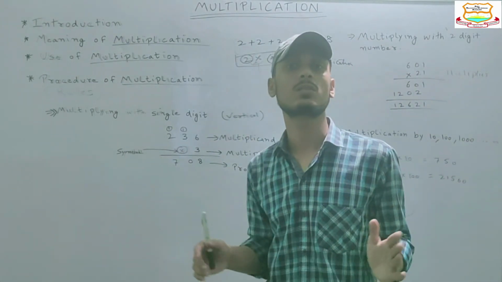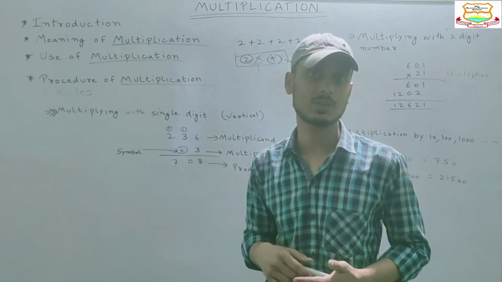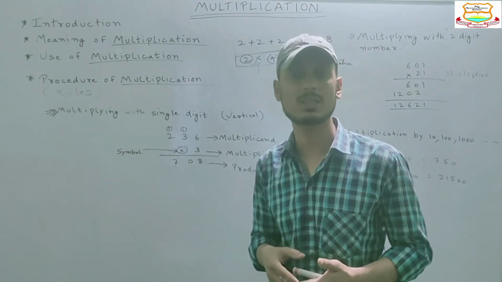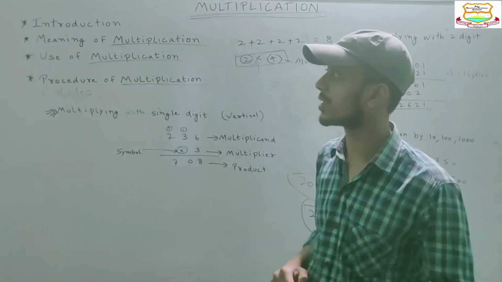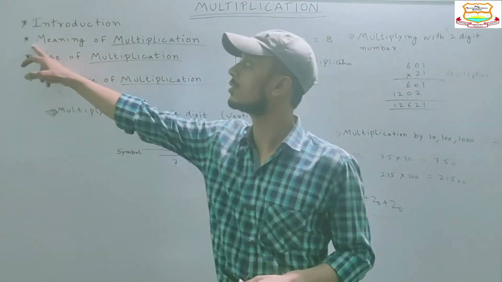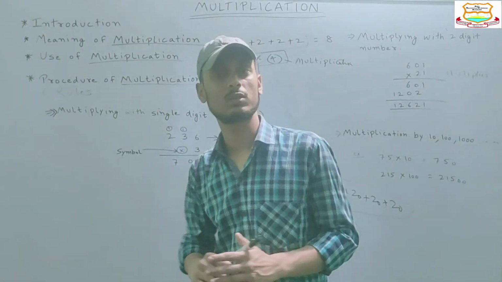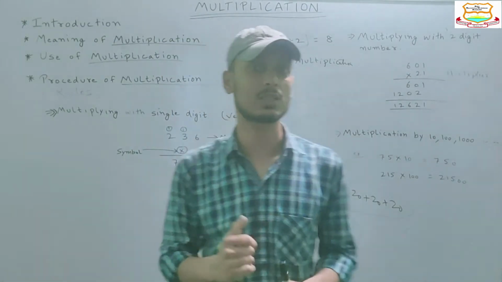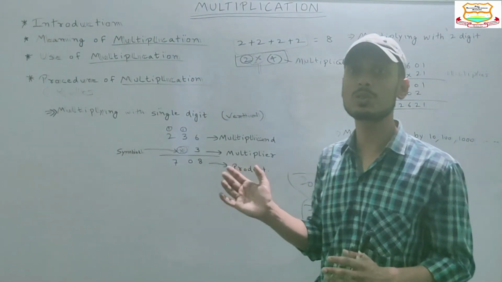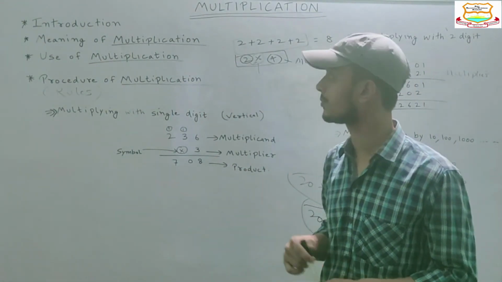It is used very frequently in our daily life. The use of multiplication is very vast. Then, what is the meaning of multiplication? This is a very important topic to understand, because if you understand something, you can operate it and use it more precisely.